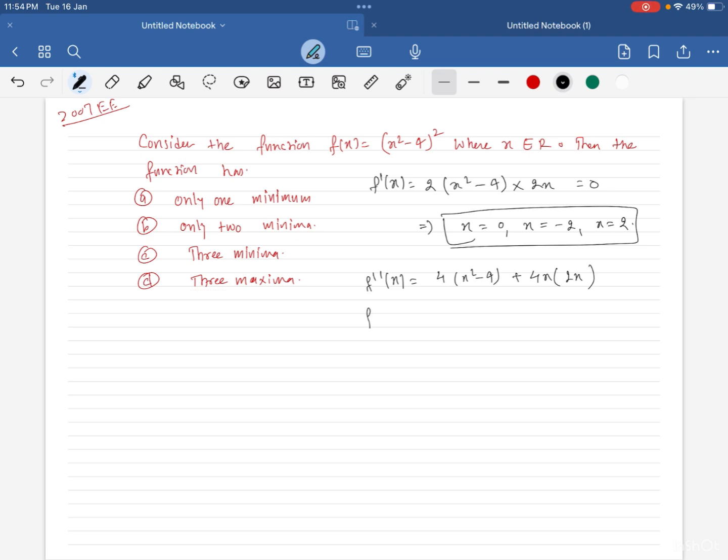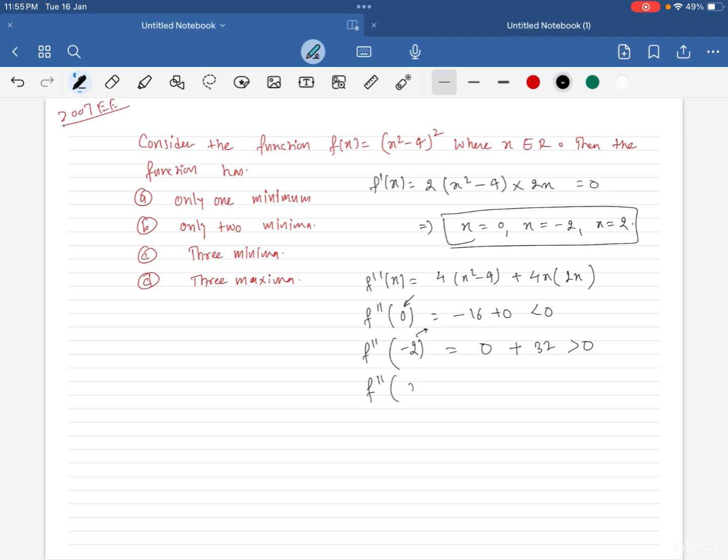So if we put 0, that will give us minus 16 plus 0, so this is less than 0, so this is point of maxima. F double dash minus 2 is 0 and plus 8 into 4, that is 32, so that is greater than 0, so this is point of minima.